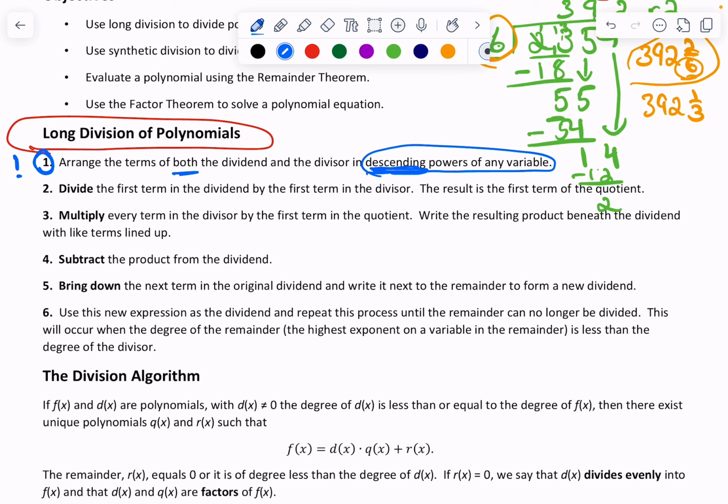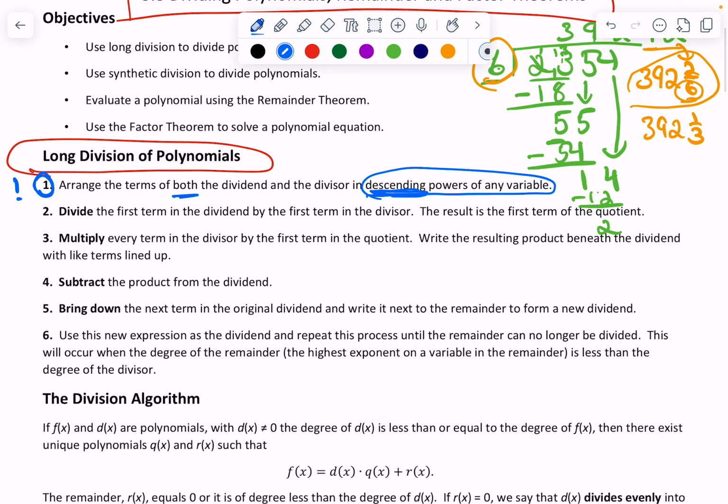Then number 3, just like we did with the 6, we're going to multiply every term in the divisor by the first term in the quotient and write the resulting product beneath the dividend with like terms lined up. Number 4, we're going to subtract just like we did with the numbers. Then 5, bring down the next term in the original dividend, just like we did over here, and write it next to the remainder to form a new dividend. And then use this expression as the dividend and repeat this process until the remainder can no longer be divided.